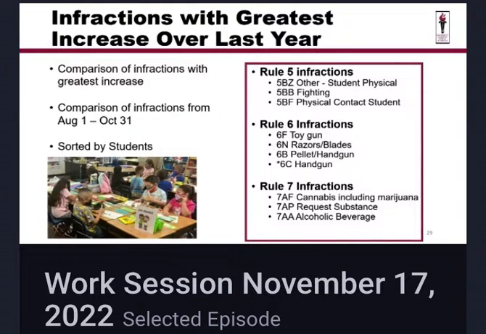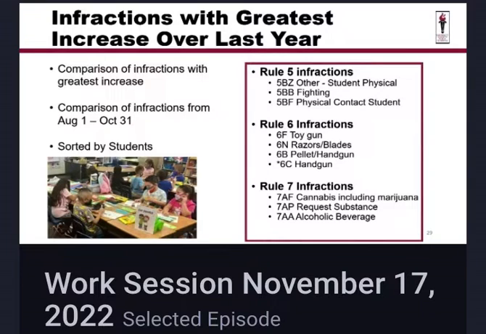So as you know, we've heard concerns from schools, from our community, about school safety as well as discipline. And we want to show a very transparent contrast between last year this time, August 1st through October 30th, to this year this time. And we pulled out the rule infractions that we feel like we have heard the most about, Rule 5s, Rule 6, and Rule 7.